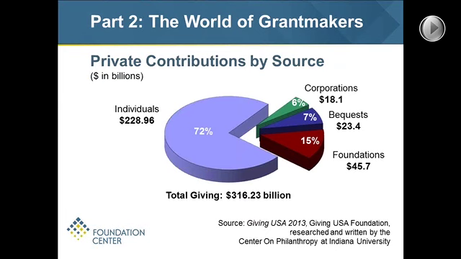But that's mostly because, for one, there are way more people in the world than there are corporations and foundations put together. And then two, the fees for goods and services from private sources are mostly coming from individuals who support your conferences or come to your classes or are members of your organization. Or if you're selling goods, some people sell goods like Girl Scout cookies. Individuals are the people who are going to be buying those Girl Scout cookies.